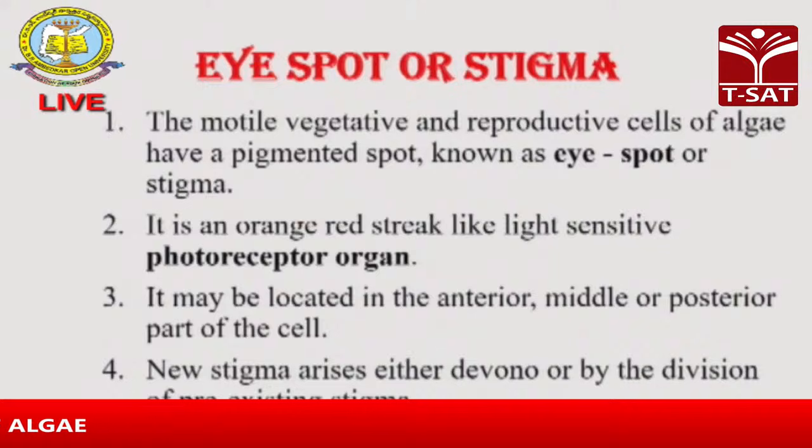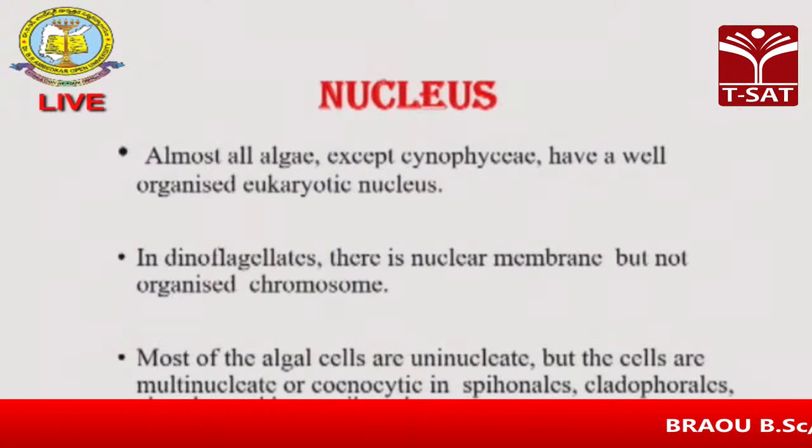The eye spot is one of the very important components present in algae. It is a photoreceptor because it perceives the light. Depending upon the light intensity, the organism moves.